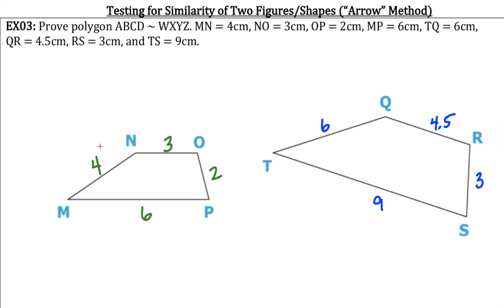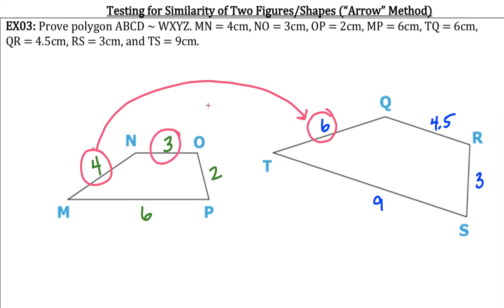Now I would circle, and I would do the same with all these. I'm going to do it one at a time. So we need to go from 4 to 6. I don't know what multiplies, so I have to do 6 divided by 4.